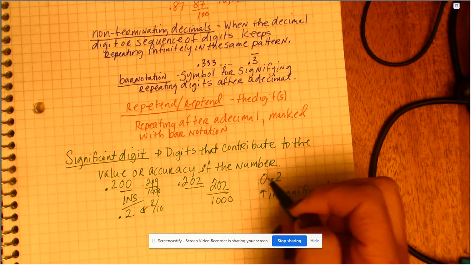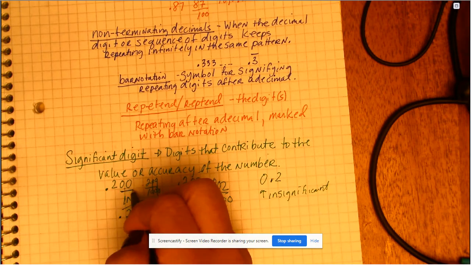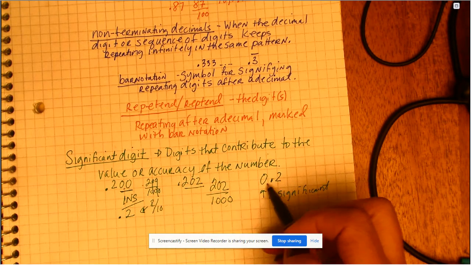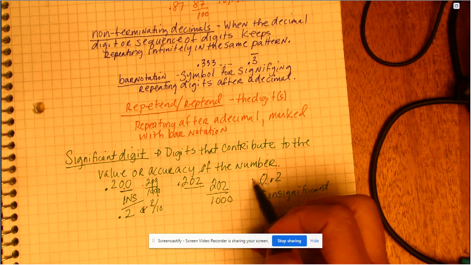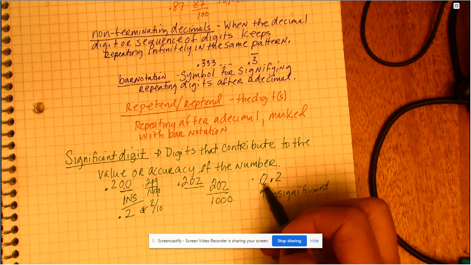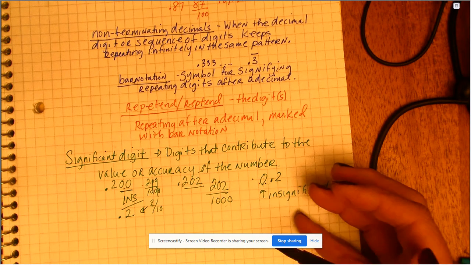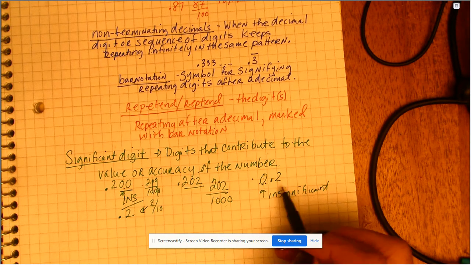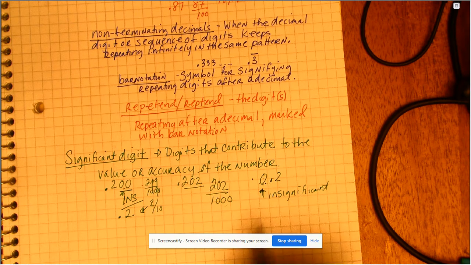So all of these are significant. Here, the last two, those zeros at the end, they're not significant, and zeros in front of the decimal where there's not another digit in front of it. So if this was 80.2, of course that zero would be significant, but zero by itself does not represent a value. Of course, then insignificant digits would just be that, what we pointed out, digits that don't contribute to the value of a number. So that's kind of like some of the language or vocabulary that we need to have for this next section.